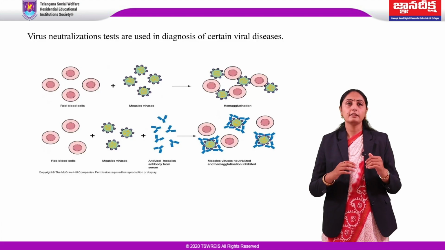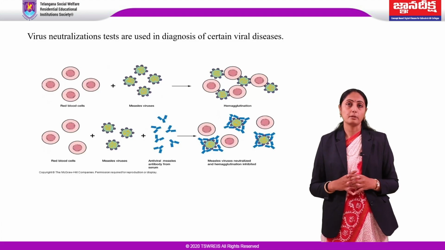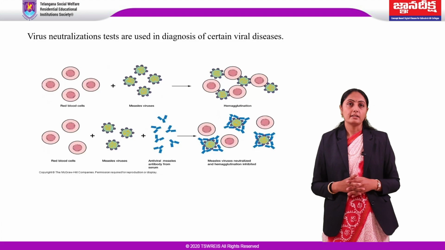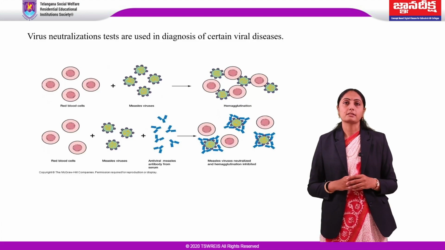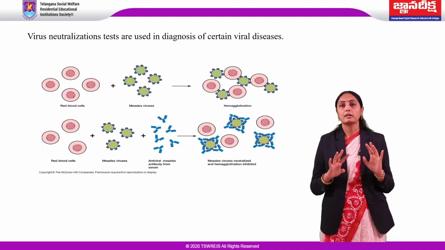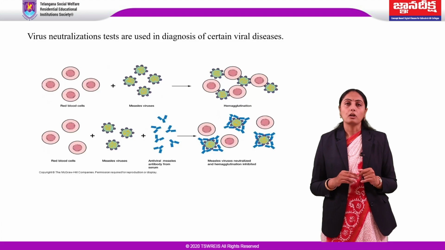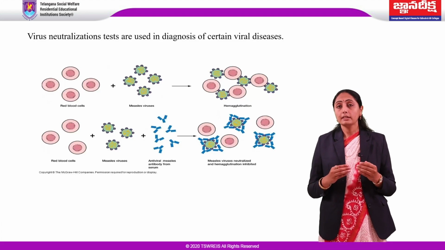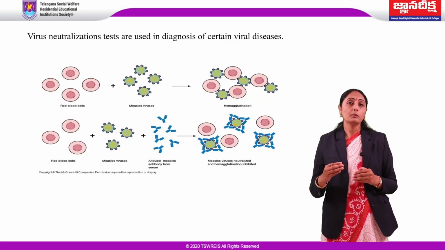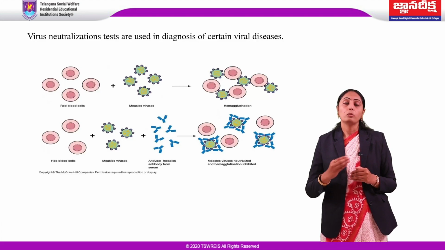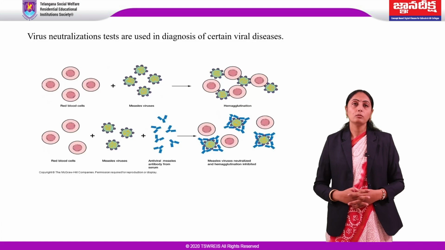If neutralizing antibodies against the virus are present, then the viruses will be neutralized by these antibodies so that they cannot bind to RBCs and there will be no hemagglutination. This is called hemagglutination inhibition assay, which is used to estimate the antibody titer against various hemagglutinating viruses.